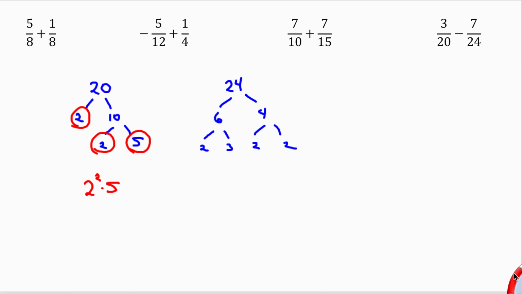And for 24, we get 2 cubed times 3. So I'm going to take everything, the 2's, the 3's, and the 5's, and the largest exponent on each one.